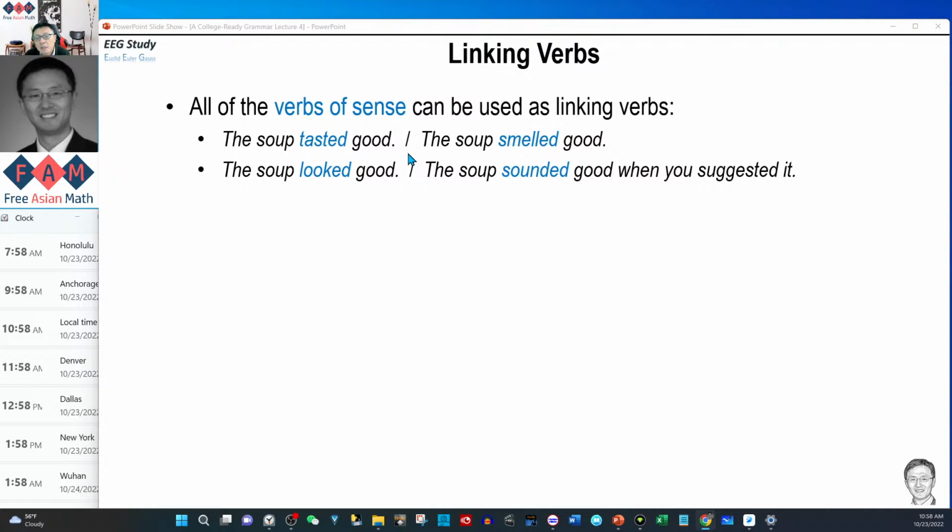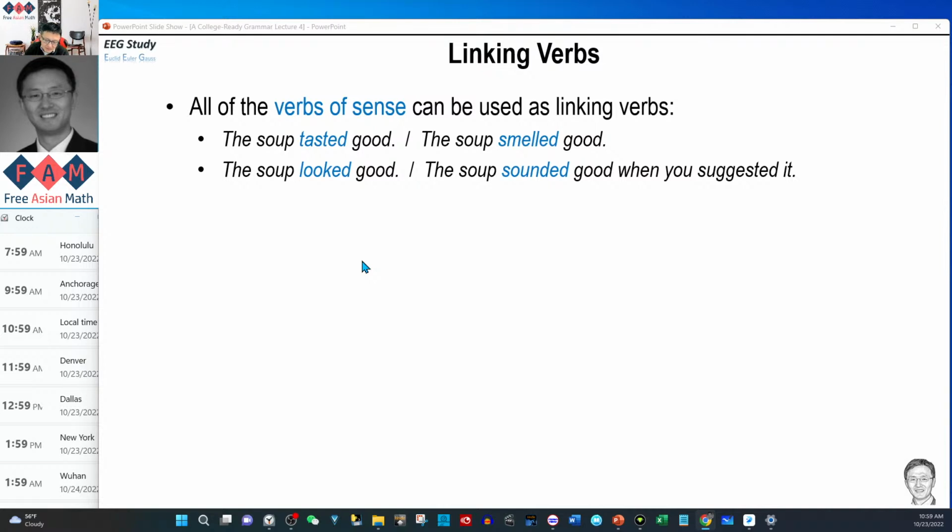We can use our nose to smell the aroma of the soup. So smell here is again just like taste, a linking verb. The soup looked good. We can use our eyes to see, well, maybe the content in the soup, what's the ingredient of the soup. So it looked good.